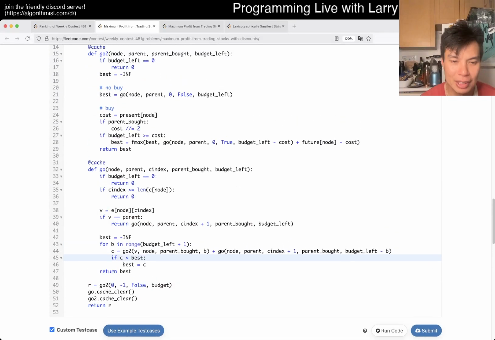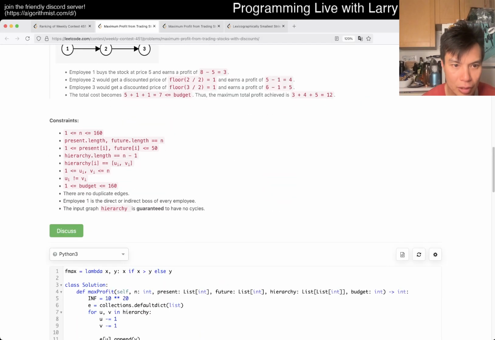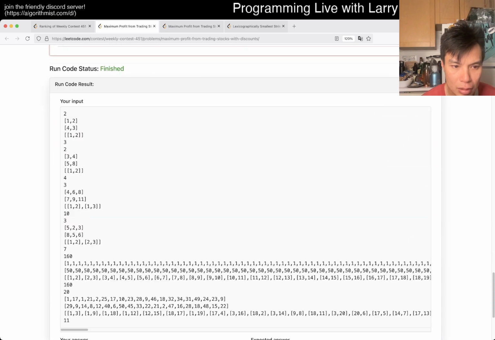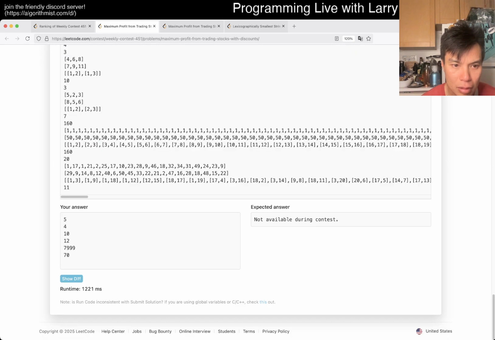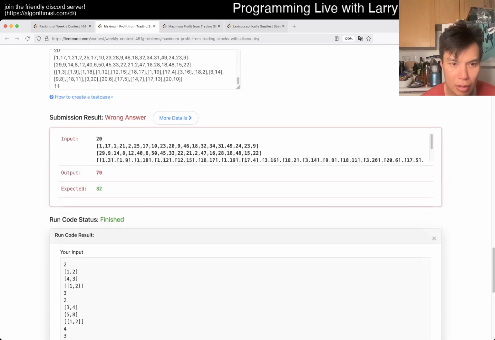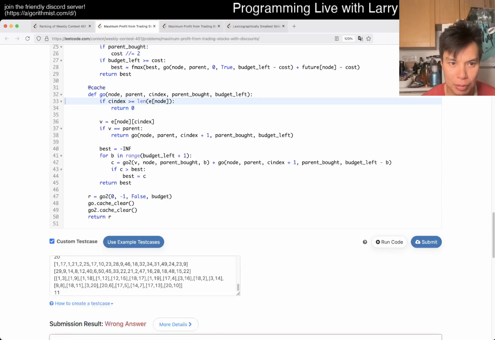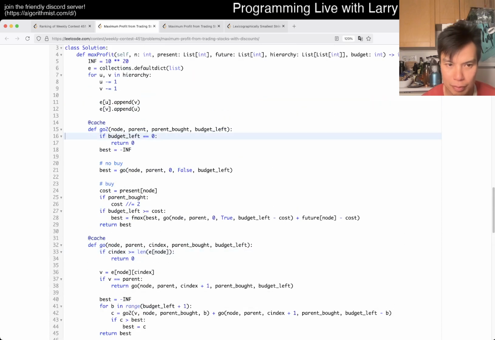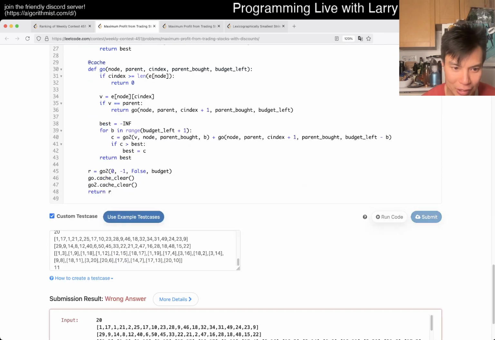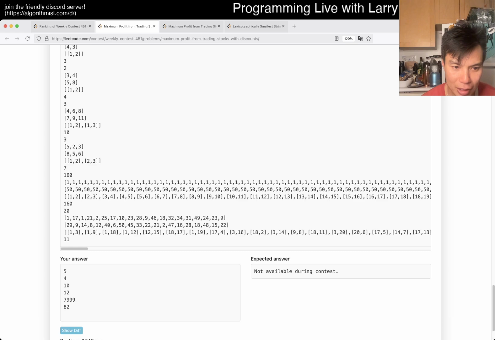Is it because of this? Can cost be 0? No. Expected 82. I mean, this is the only thing that I added, so I guess I will remove it. But wow, I can't believe I added something that was wrong. Okay, wow.